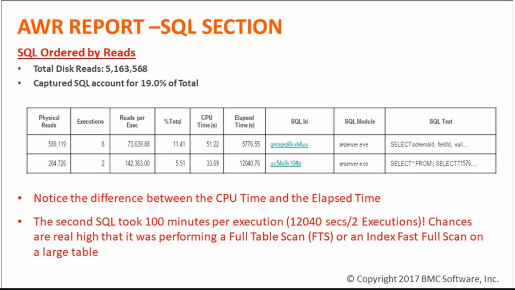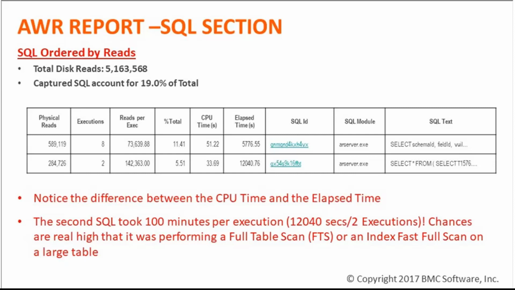And as you can see, an AWR report, well, this is more important for people within BMC. But if you look at the SQL module there, it's showing you it's arserver.exe. As an AR system administrator, you know your system, so you know what version of Remedy you're running.